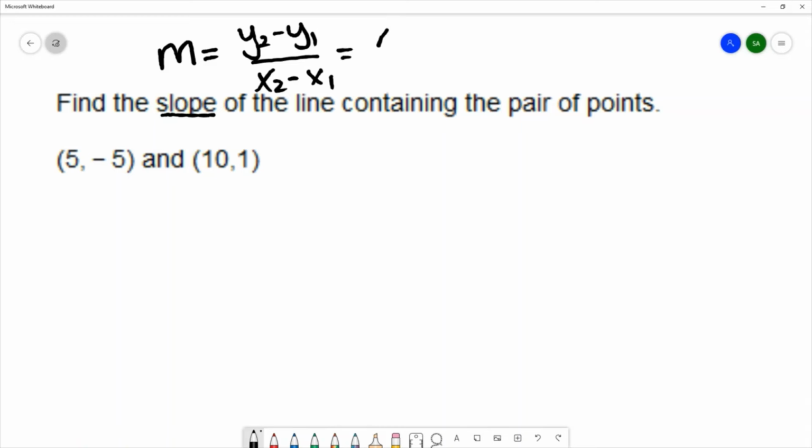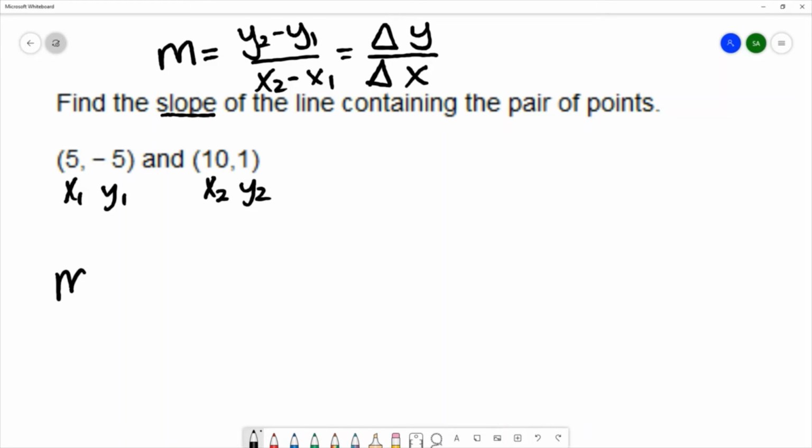This is the change in y. That symbol that I wrote there, it looks like a little triangle. It's a Greek letter delta, for change, over the change in x. I'm going to label one of these points as x1, y1, and the other point as x2, y2.